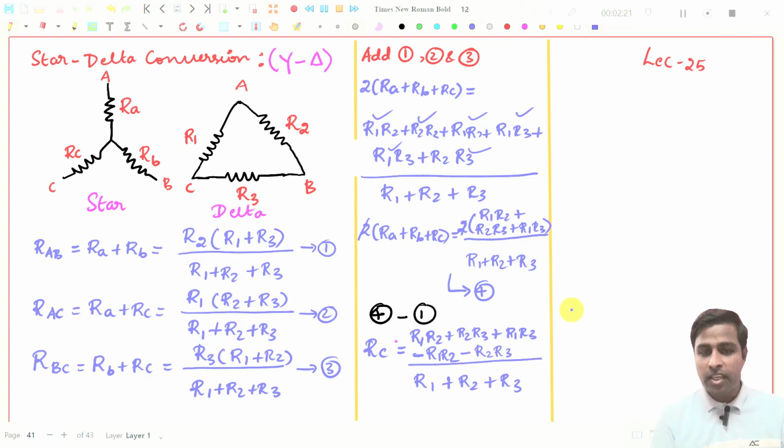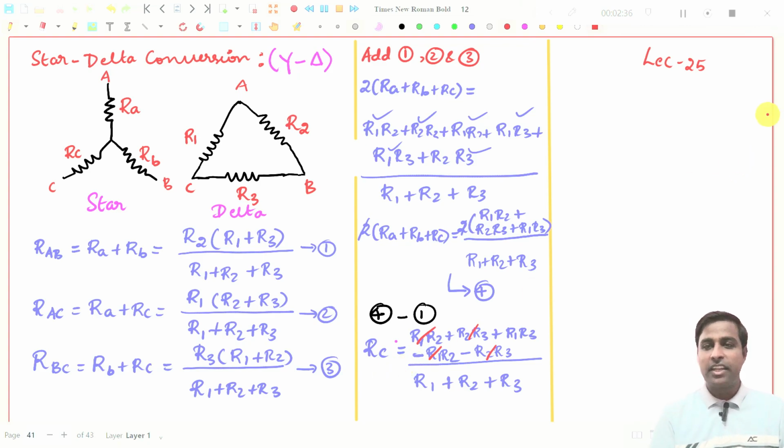Now you see this R1 R2 plus R1 R2 minus R1 R2 will be cancelled out, and minus R2 R3 and R2 R3 will be cancelled out.